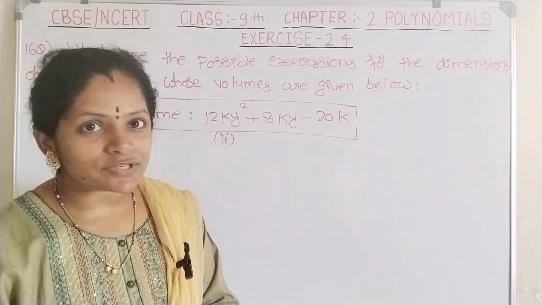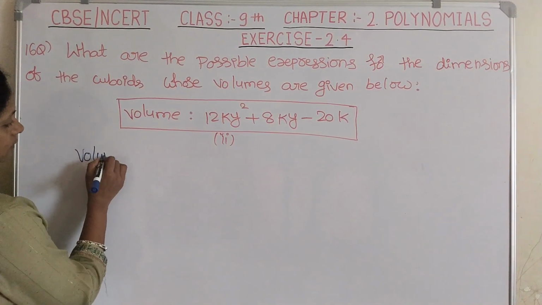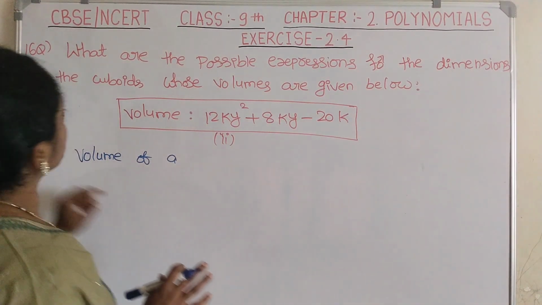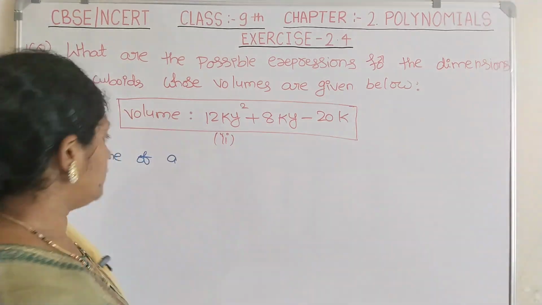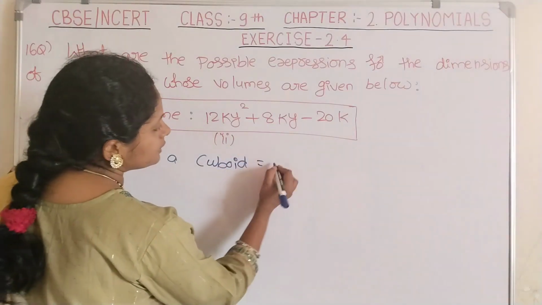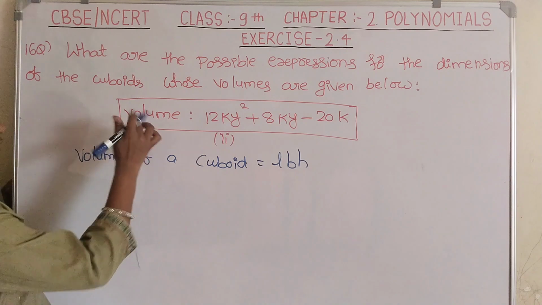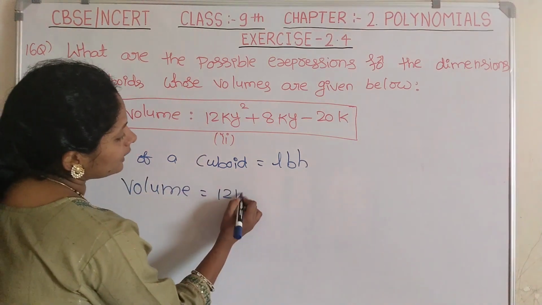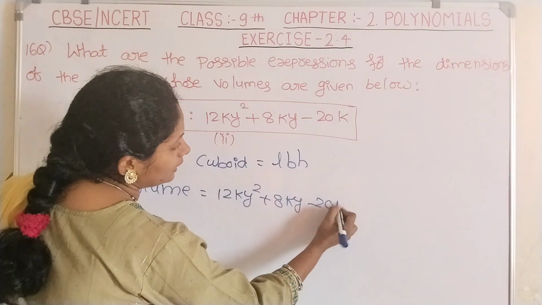Let us solve the last question of this exercise. We'll use the same formula because this is also a cuboid whose volume is given. Volume of a cuboid equals LBH, L into B into H. So, given volume is 12ky square plus 8ky minus 20k.